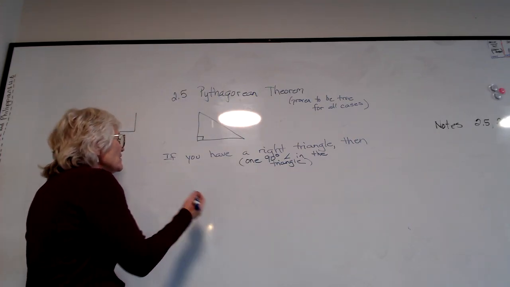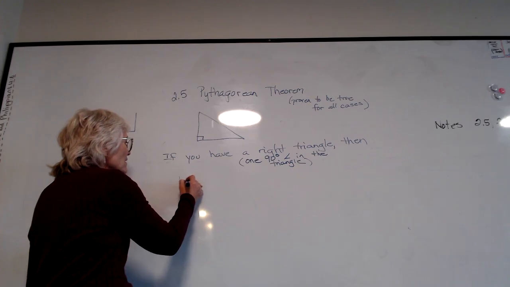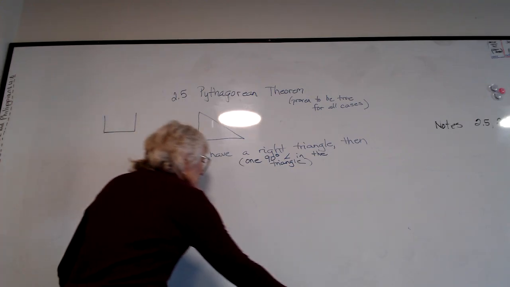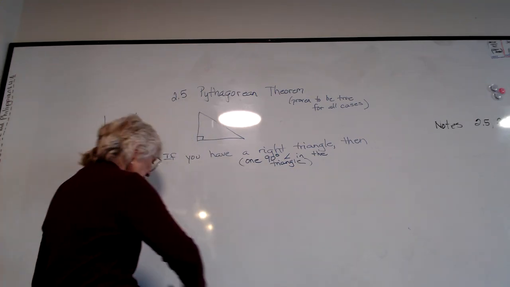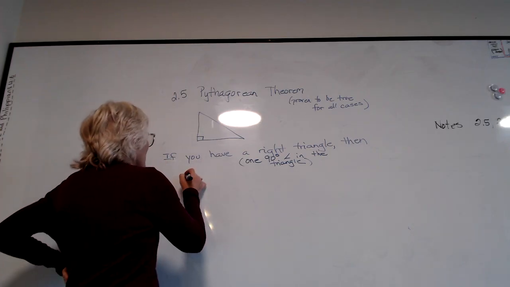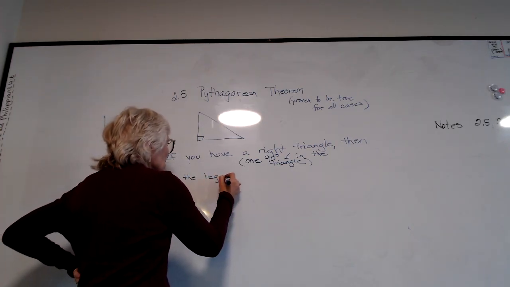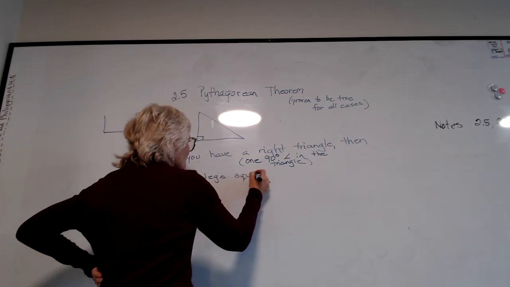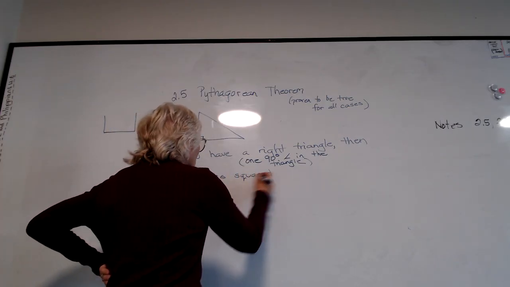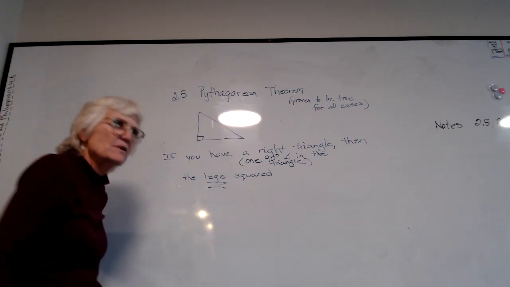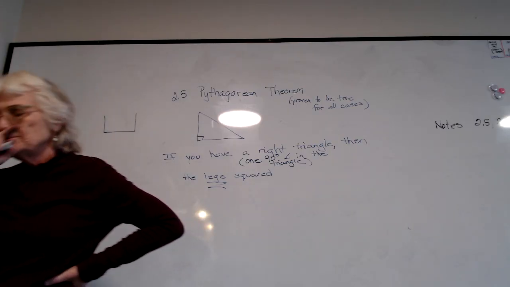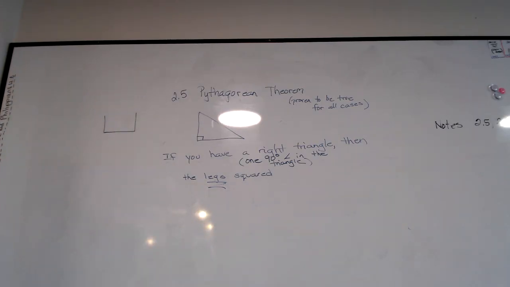We have to know what the legs are. So then the legs squared. Okay, well, what are legs? What do you think are the legs? Yes. The two lines that make up the 90-degree angle.